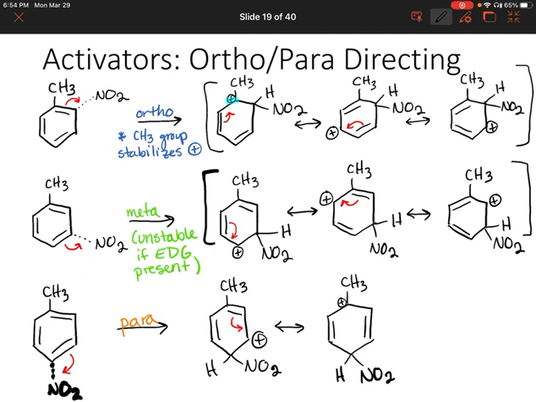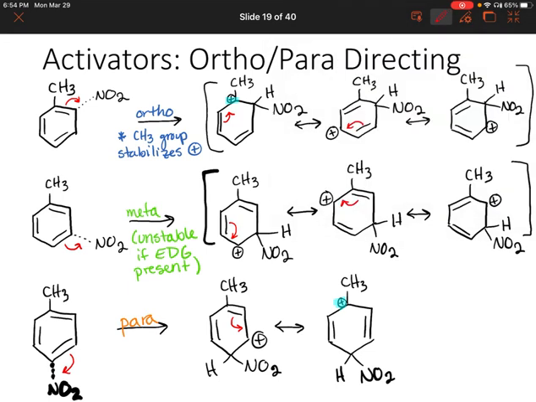All right, so in this resonance structure, we can clearly see that the positive charge is right next to that methyl group. So now the methyl group is stabilizing that positive charge through hyperconjugation. So again, this is why we end up with ortho products and para products and very small amounts of meta, or none at all for meta.